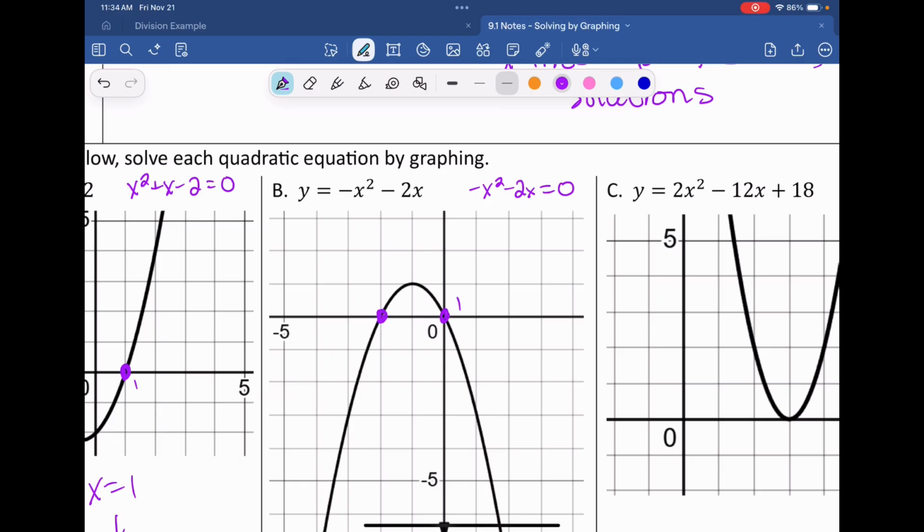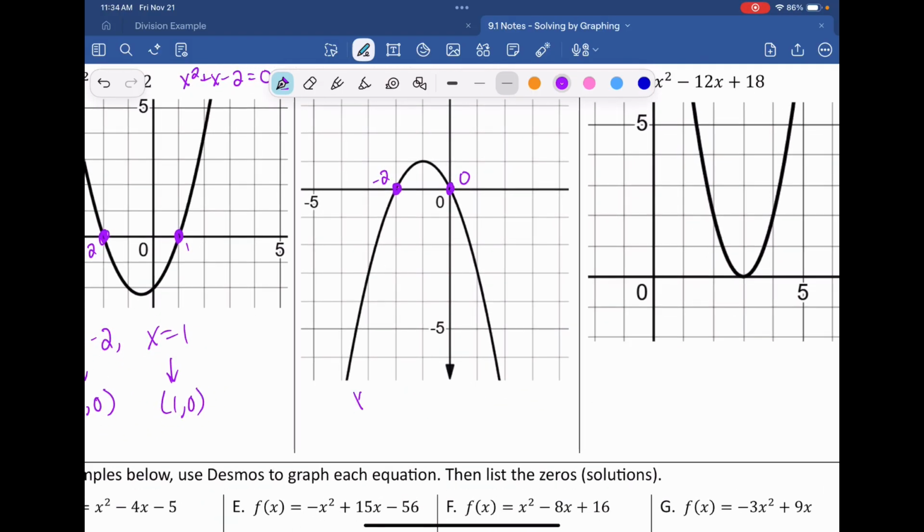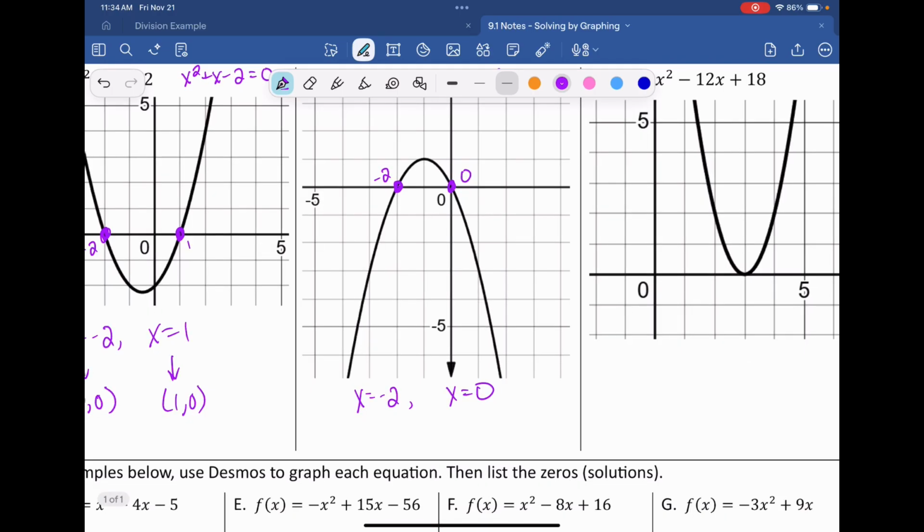So the right side would be 0, and this left side would be -2. So my two solutions: x equals -2, x equals 0. If I wanted them as x-intercepts, as the ordered pair, this one becomes -2, 0, and that one becomes 0, 0. Just kind of depends on the directions.